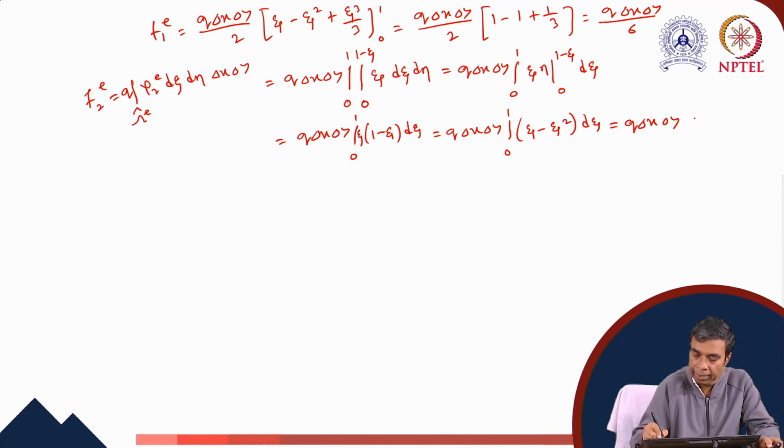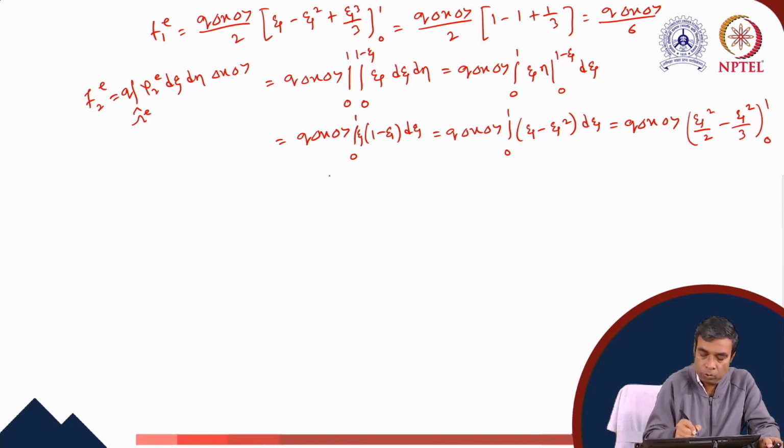After integration we get xi square by 2 minus xi square by 3, where xi is varying from 0 to 1. This gives us q del x del y divided by 6.